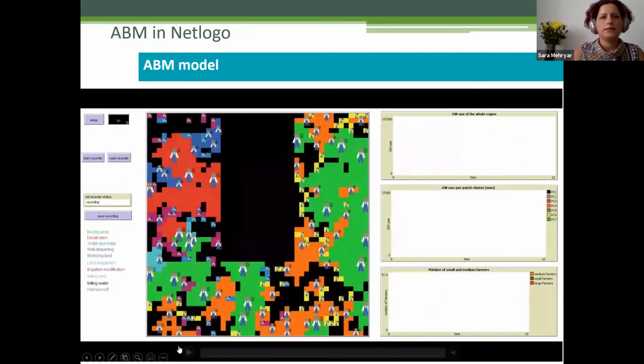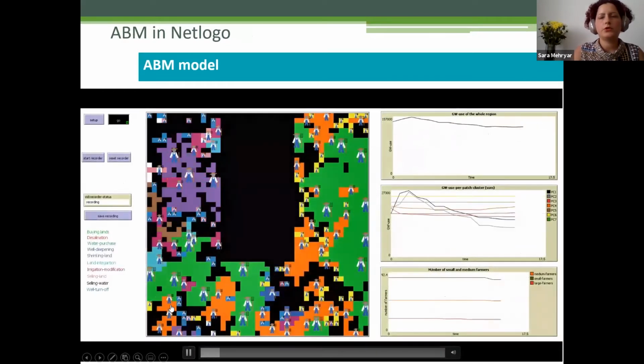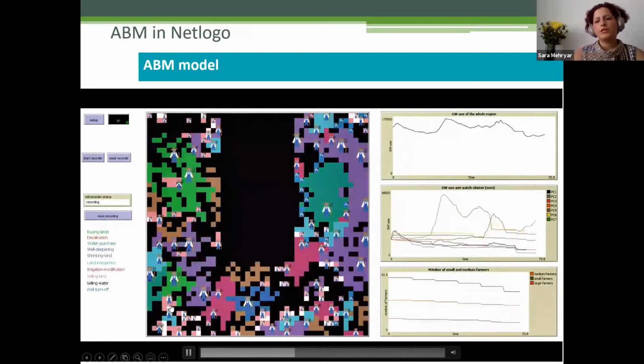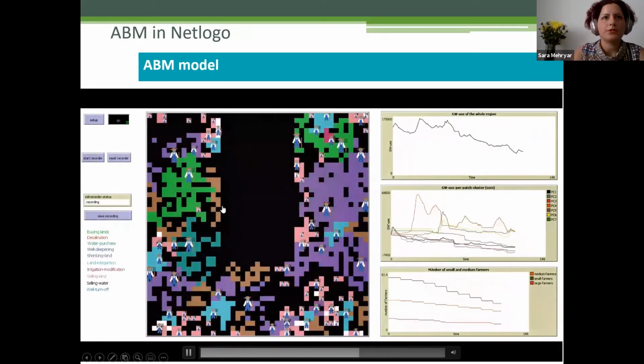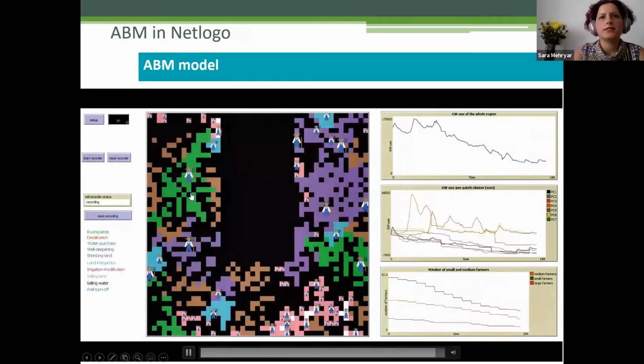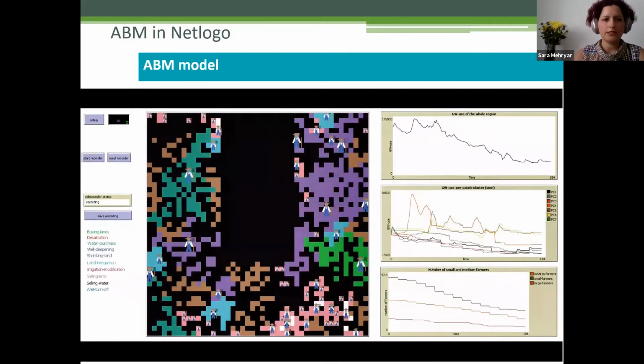This is a stylized representation of these 7 regions in our agent-based model. And here you can see a run of the model. Within each time step, 2 things happen. First, the cells get updated based on the empirical data and also based on the impact of action from the previous step. And then in each step, farmers check their water access.